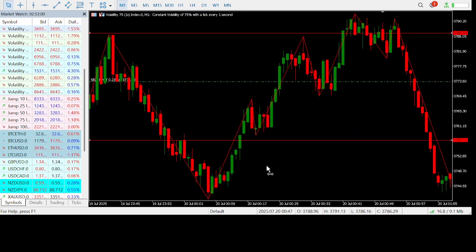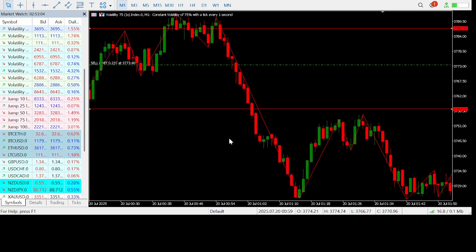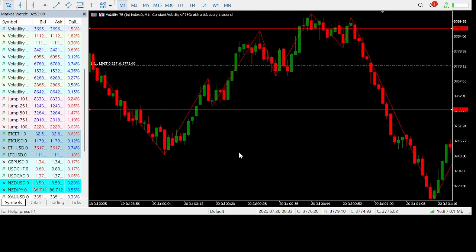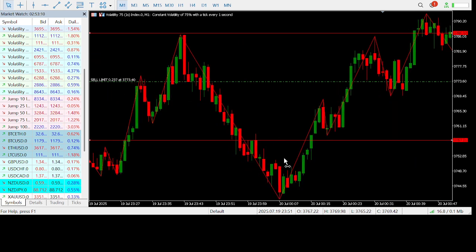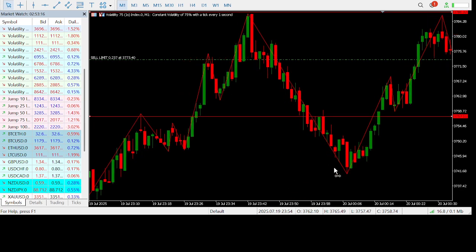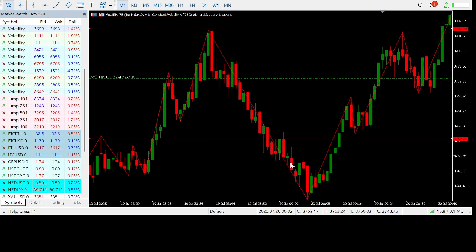That is super interesting. It depends where the entries for them are. It would have given this first entry, because liquidity has been swept.